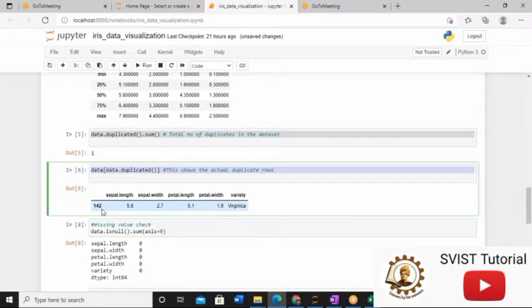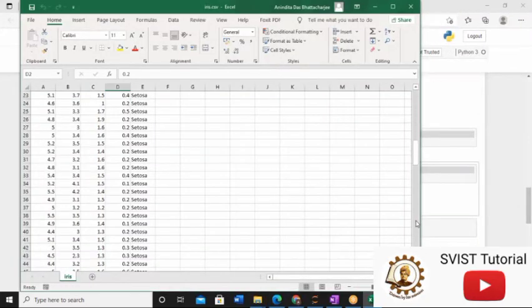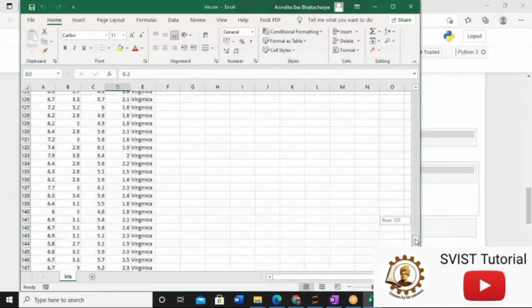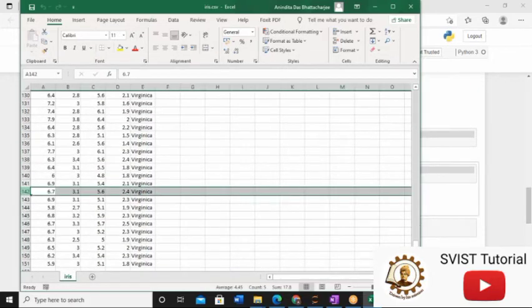It is row number 142. Go to the dataset, find row number 142 and just delete it, because duplication means it is redundant, I had the same value before that.